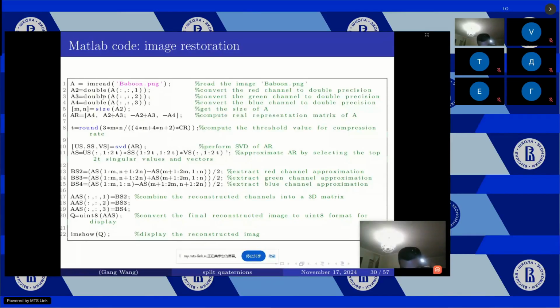Once the combination is complete, it's necessary to convert the data from double precision to single precision. The function imshow is then used to display the reconstructed image.